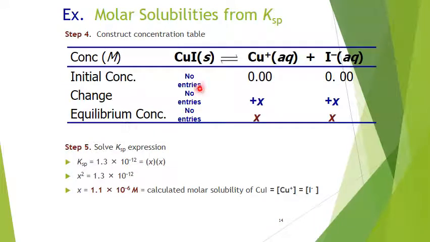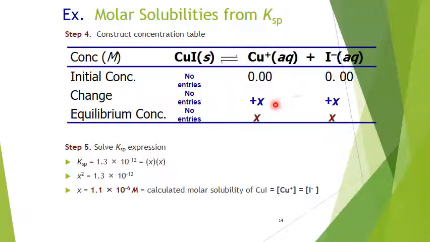And then you set up your ICE table. When you put the copper iodide in solution, some of it will dissolve into copper and iodide. We don't know that amount, but we will figure that out.